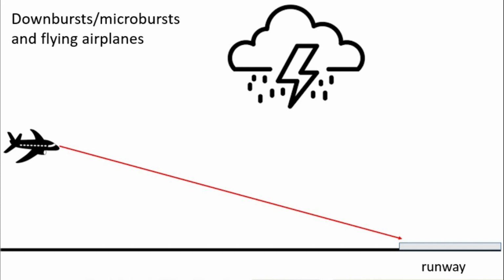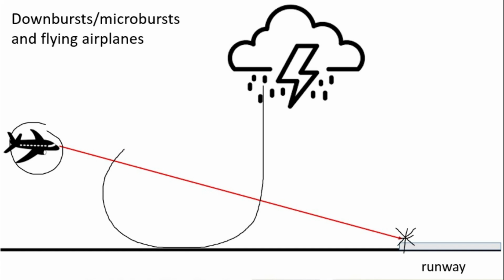And I'm going to sketch this on here. First of all, we got our plane over here, and you can see our pilot. He's lining up to land at the end of the runway. He's got his sight, and he's got the plane right on target to land at the end of the runway. But right before he gets to the airport, let's say there's a thunderstorm. There's a downburst. And the air does like this.